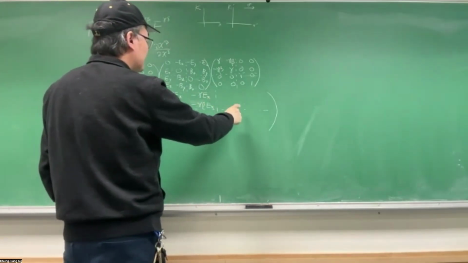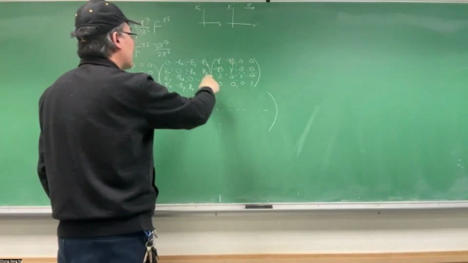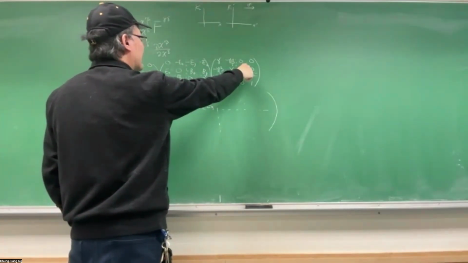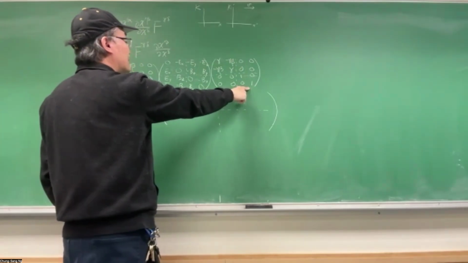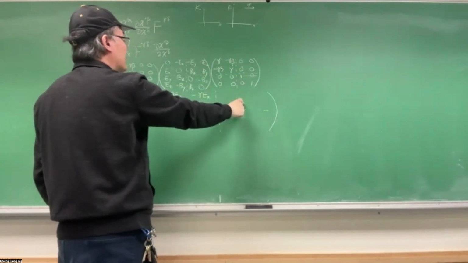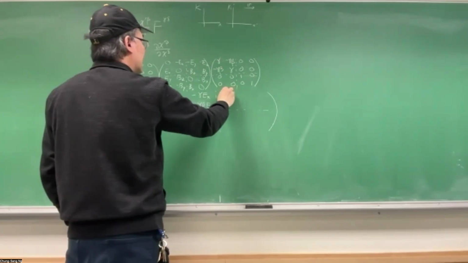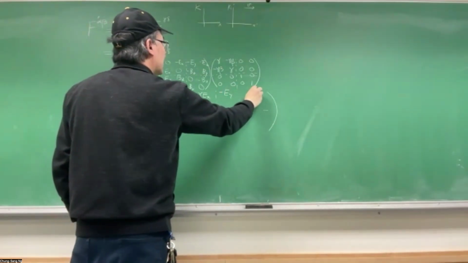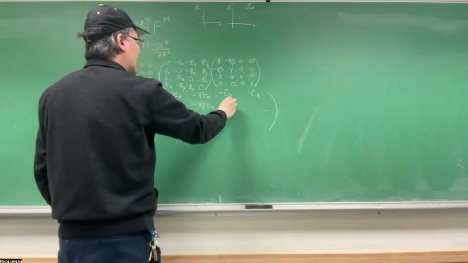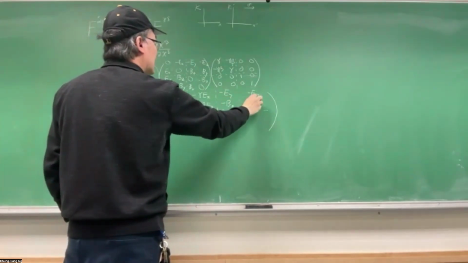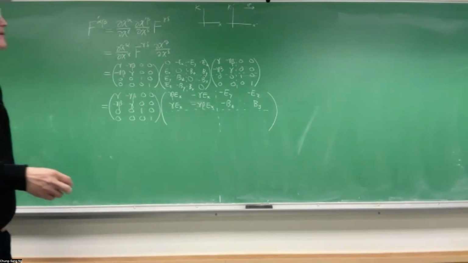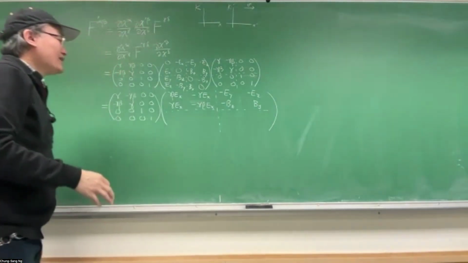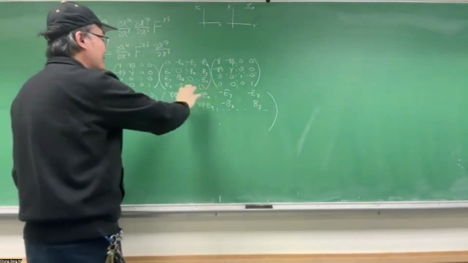Okay, the second one, like this one, is this times that, which is zero, and then this times that, which is easy. This is an identity matrix. We just copy this matrix to here. Okay, so not too bad. Like I said, be patient and go step by step.